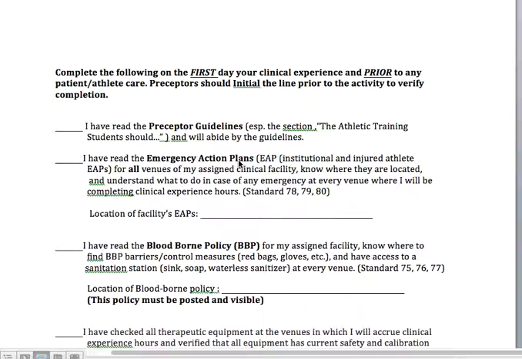It's in there. You also may have a copy in your athletic training kit. If not, probably be a good idea to ask your preceptor to make one and put it in the training kit so that you have it there. Again, preceptors should be quizzing you on that, and then they can initial this line.